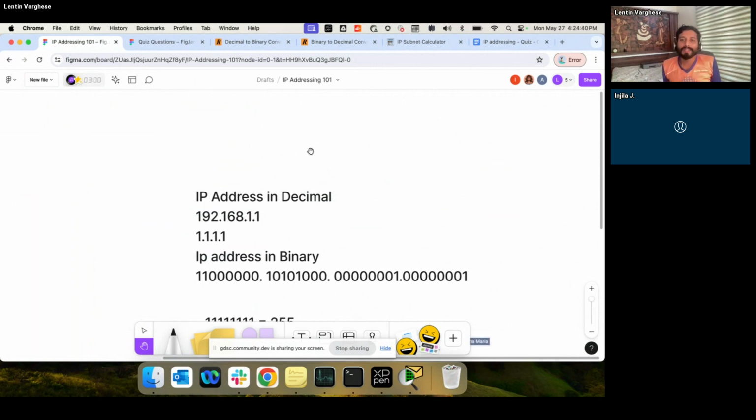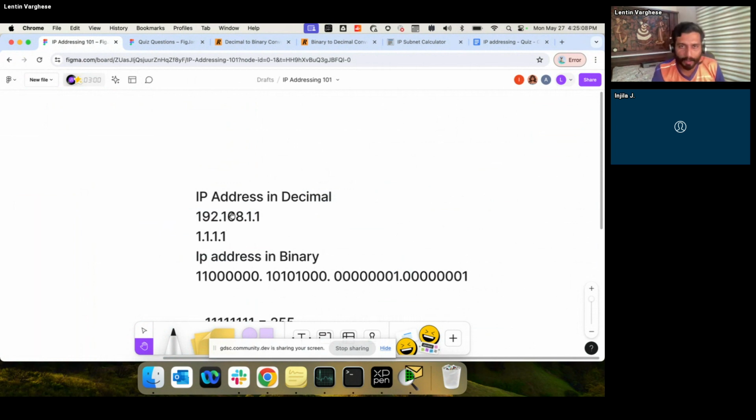Okay, cool. So this is an IP address, 192.168.1.1. Now, an IP address is essentially, as you see, four numbers separated by decimal points. This is for easier understanding for humans. For computers, it's always represented in binary.